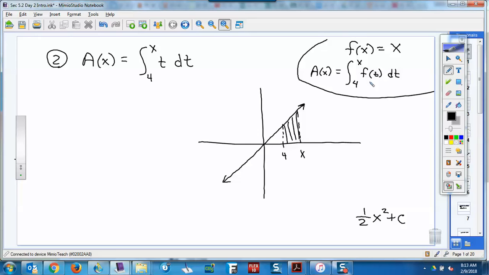When we see an area function, when we see a number and an x up here, what's the first thing we think? Antiderivative. You think area, but then you think antiderivative. So you see the area function, right away you think that's the antiderivative of little f. That's the connection we made yesterday.